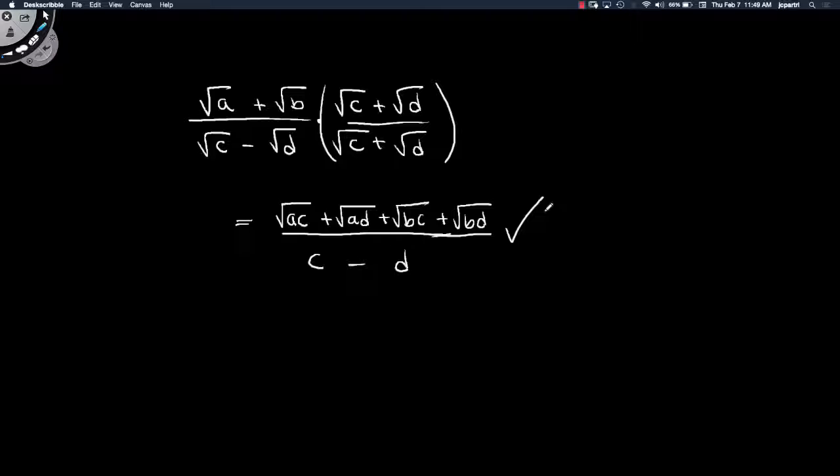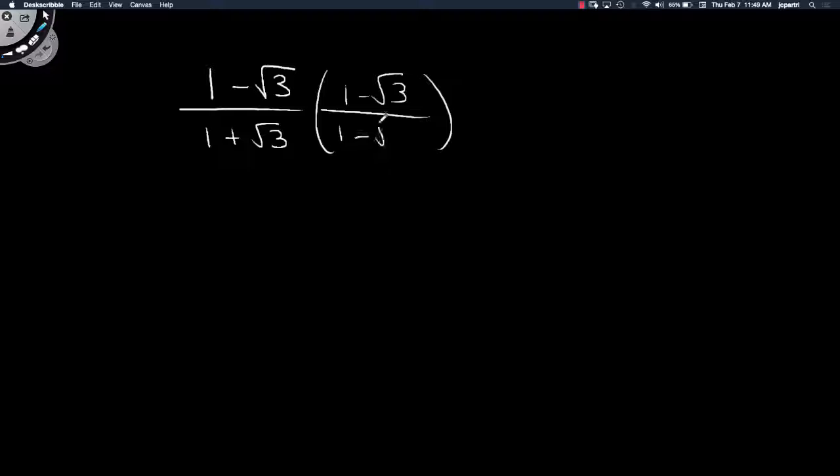Except it's actually easier now with the tangent because we had 1 minus the square root of 3, so we actually have something we can combine. That's where the 2 came from. That's exactly right. So we had to multiply by 1 minus the square root of 3, top and bottom.